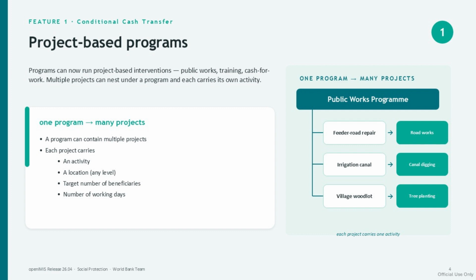Then there are other attributes like location, targeted number of beneficiaries, and number of working days, and these are configurable on the project. I didn't indicate which ones are required and which ones are optional, but anyway, this is just at the high level: one program can have multiple projects. Next slide, please.